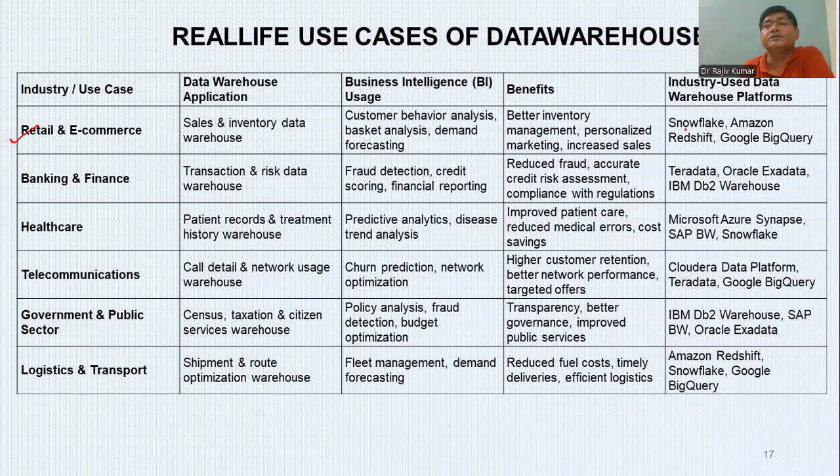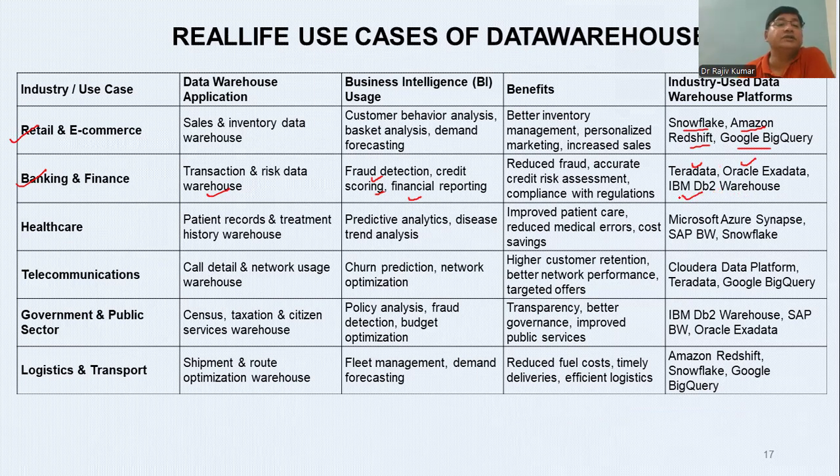The platforms used are Snowflake, Amazon Redshift, Google BigQuery. In banking and finance, the applications are transaction and risk data warehouses. You can use it for fraud detection, credit scoring, financial reporting. The platforms are Teradata, Oracle Exadata, IBM DB2 Warehouse.